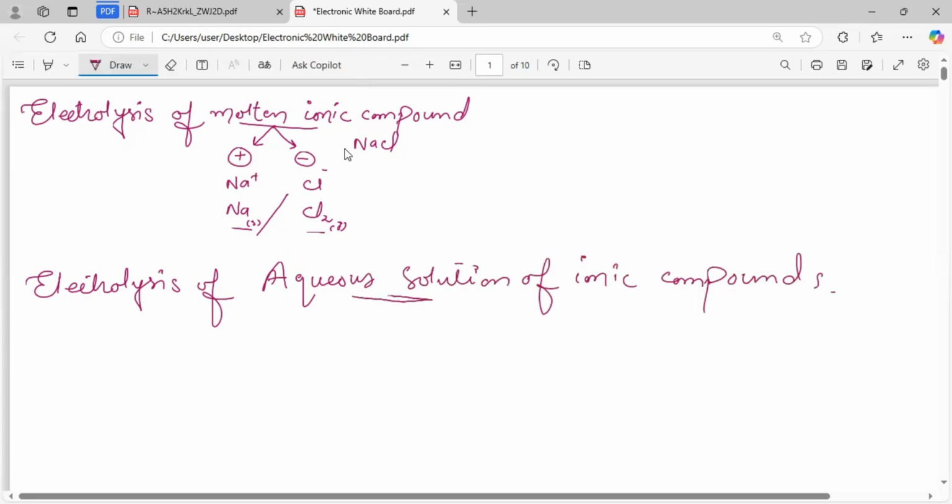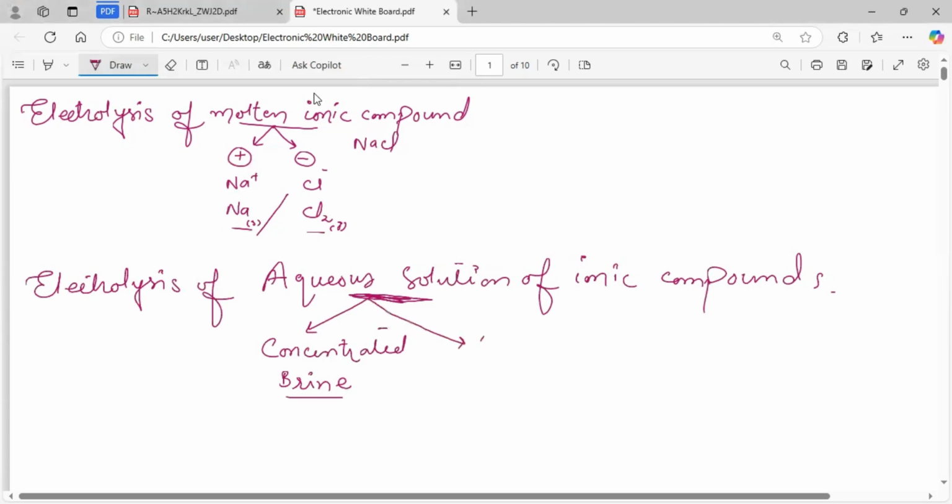We studied two cases. An aqueous solution of an ionic compound can be very concentrated. We took the example of brine, that is, a concentrated solution of NaCl. And I also told you about the difference between concentrated solution and dilute solution.